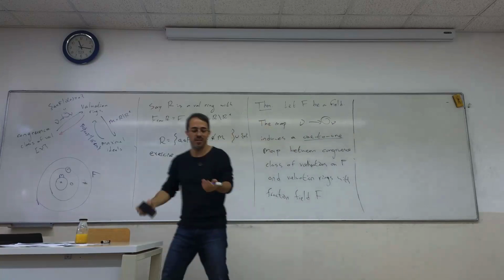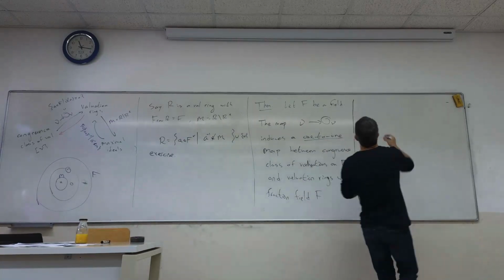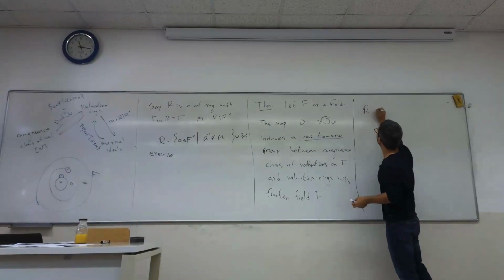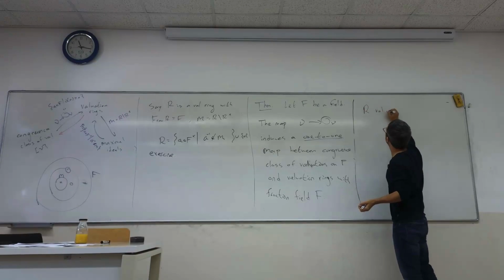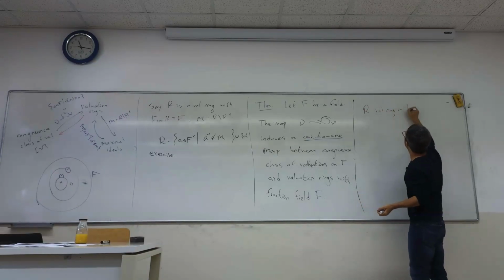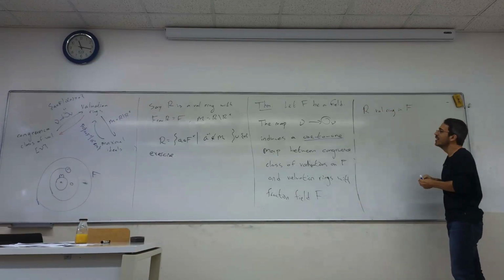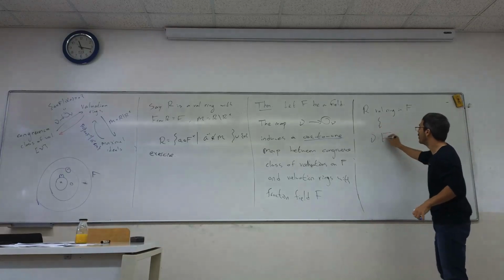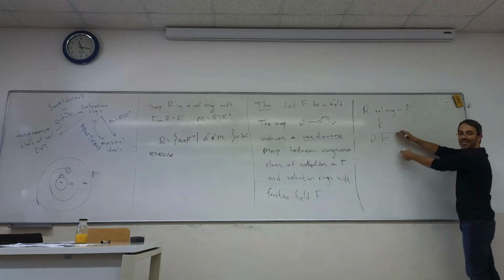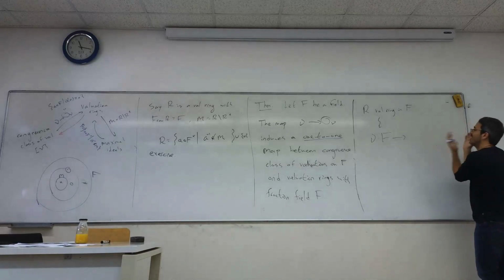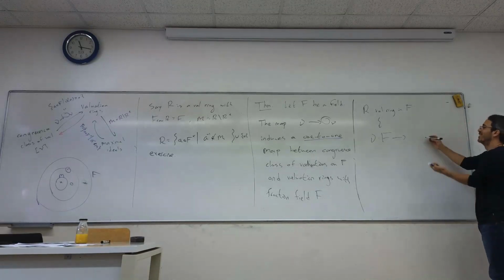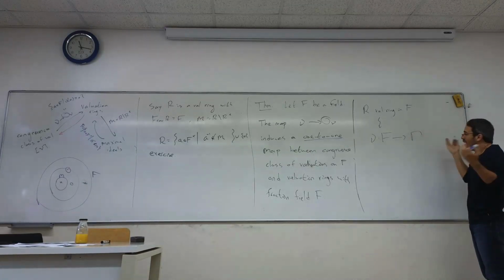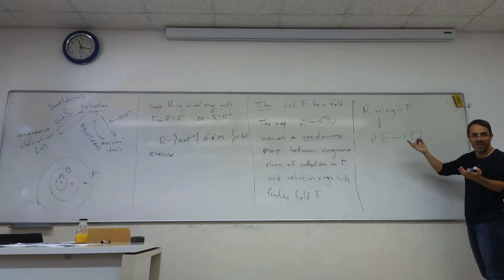Otherwise, you can just take a bigger F. So you're given a valuation ring in F, with fractions in F. And somehow you need to produce a valuation which takes an element from F. At least this thing I know how to write. But then I should produce something in what? An ordered group. Where are you going to come up with an ordered group out of the valuation ring?